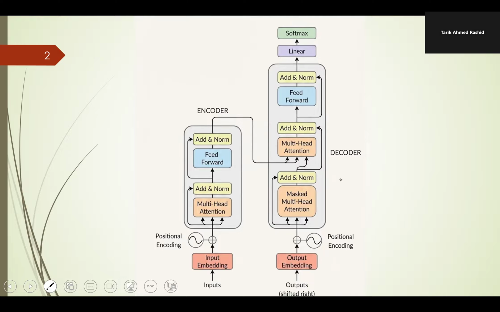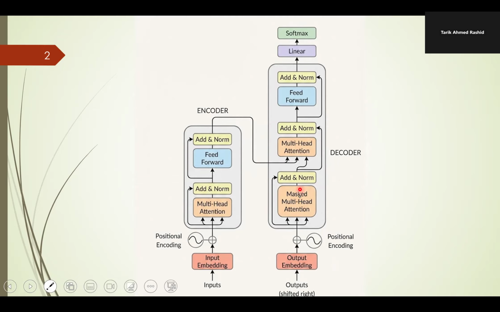You can see just a remark here that the output embedding or positional encoding comes all the way out to here, and it also goes inside the masked multi-head attention.